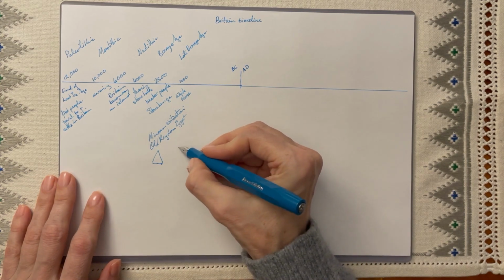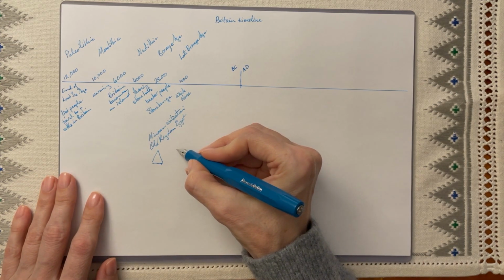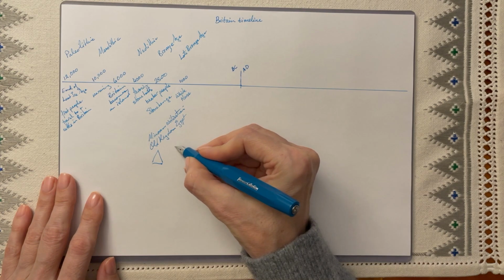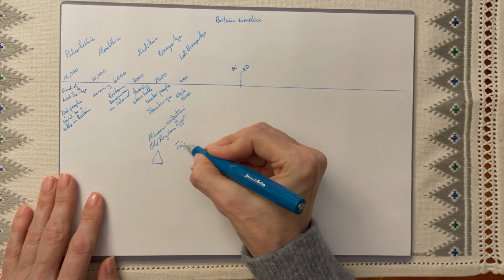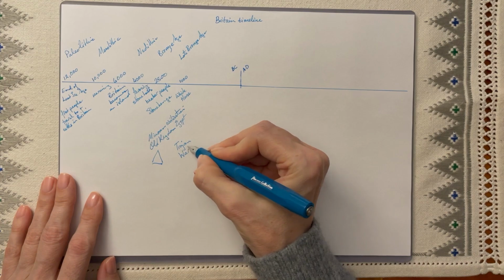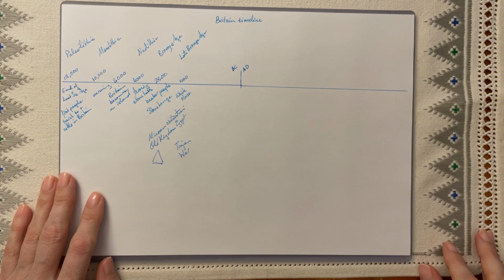Elsewhere, what's happening in about 1000? The Trojan War and the Age of Heroes in Greece.